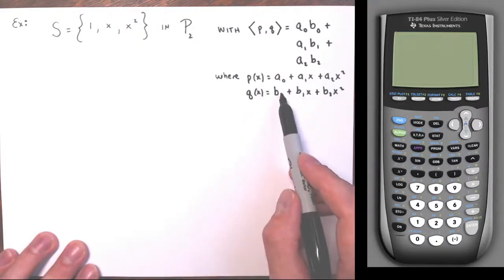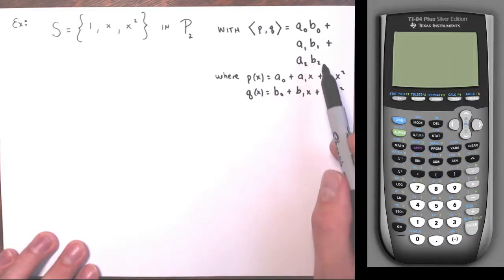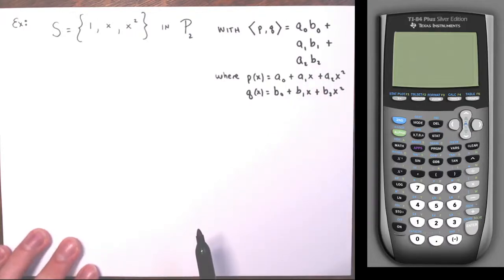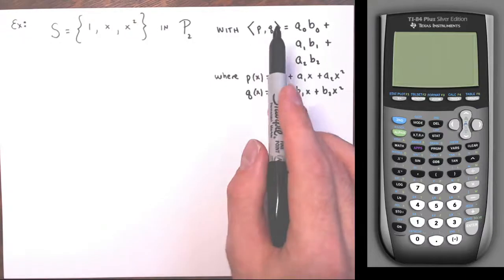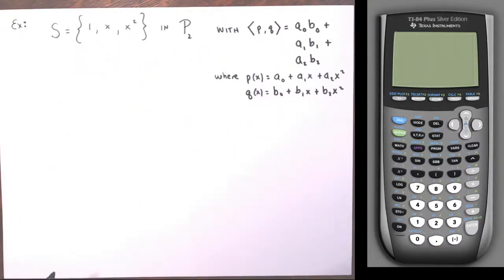So a0 and b0 are the constants, a1 and b1 are the coefficients of x to the first, a2 and b2 are the coefficients of x squared. So under this inner product, is this set orthogonal?